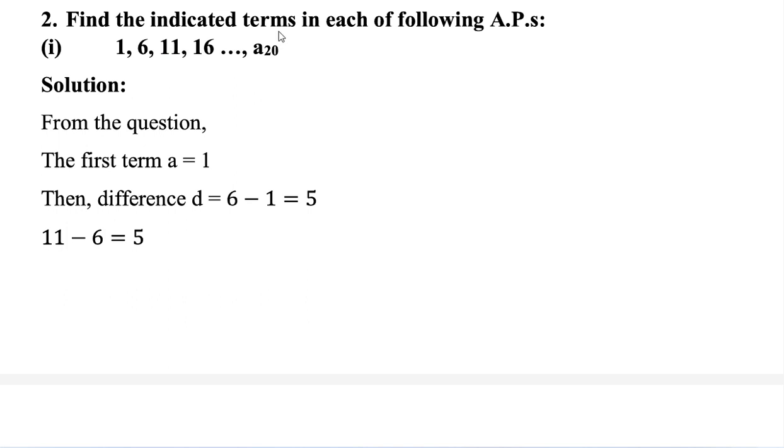Find the indicated terms in each of the following APs. So 1, 6, 11, 16, and so on, find A20. So here the first term is a, the common difference d will be 6 minus 1, which is equal to 5, or 11 minus 6, which is equal to 5.